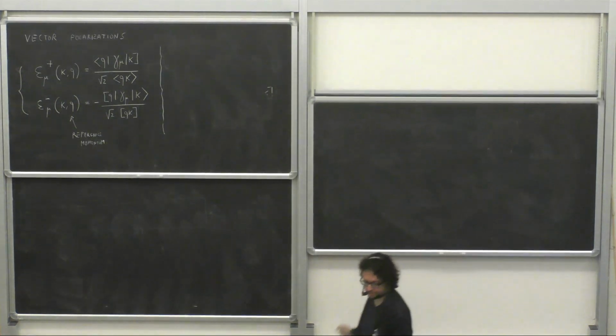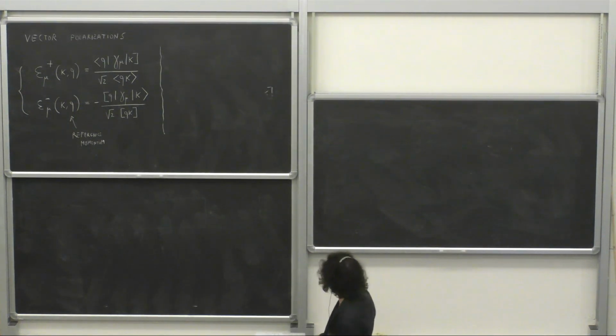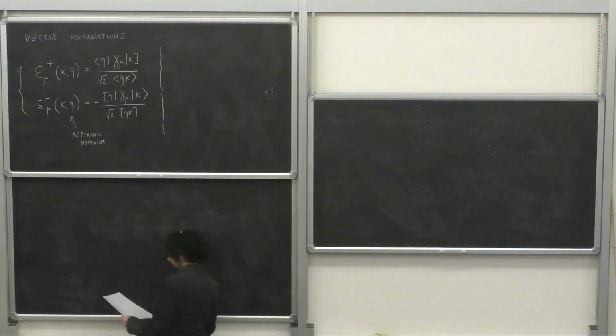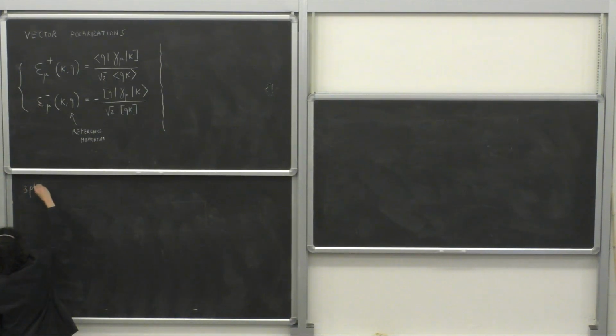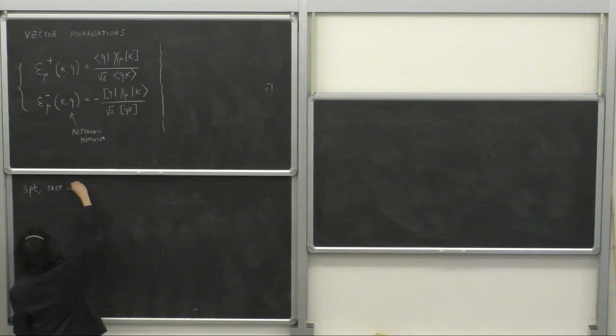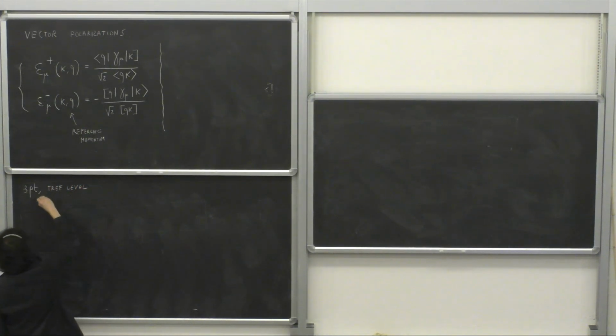Okay, so let's, as an example, consider one of the simplest amplitudes that we can consider, namely the 3-point, at tree level, Yang-Mills amplitude.